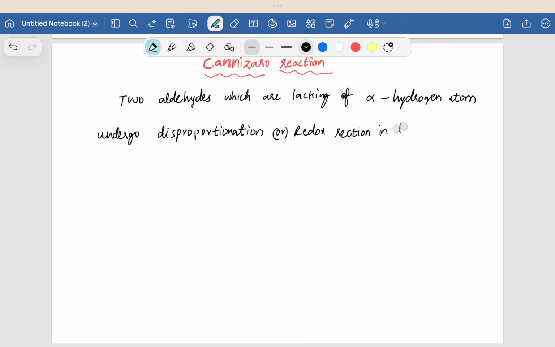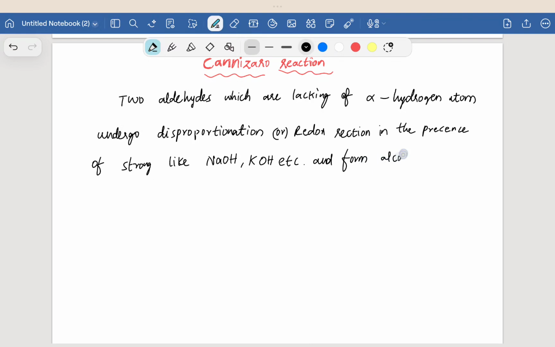The reaction takes place in the presence of a strong base, like NaOH, KOH, etc., and forms, what does it form?